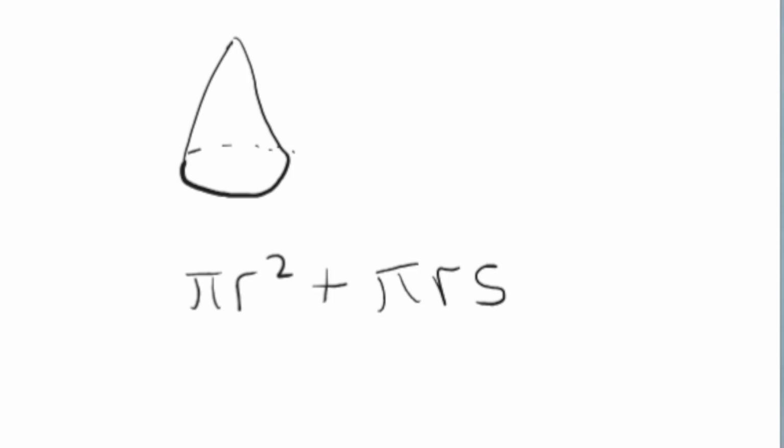How do we get it? Because if you compare the slant height, we make it into a circle, and then we compare it, so this becomes the area of the cone. This is s, and this is r. So that is it for a cone.